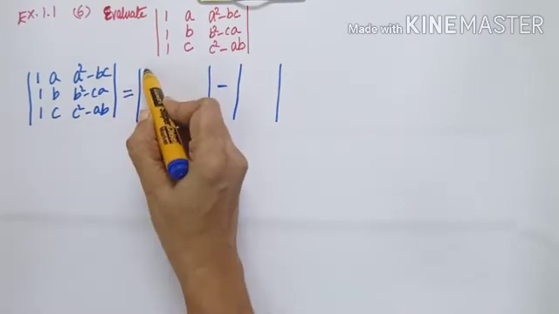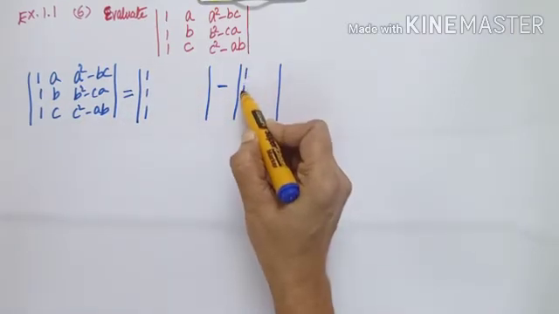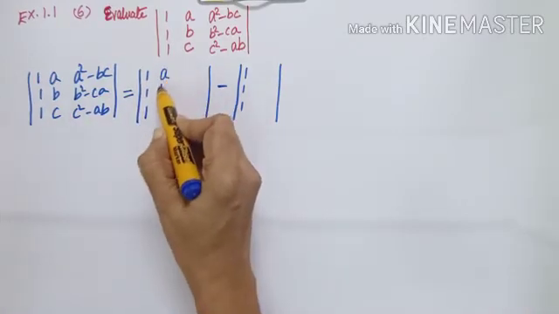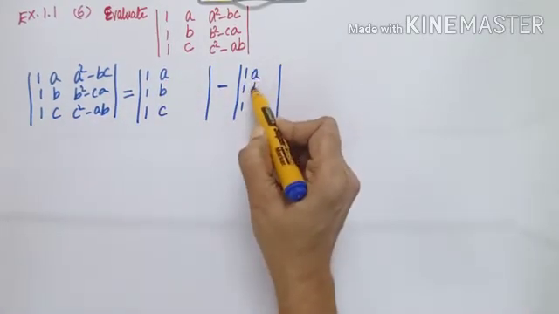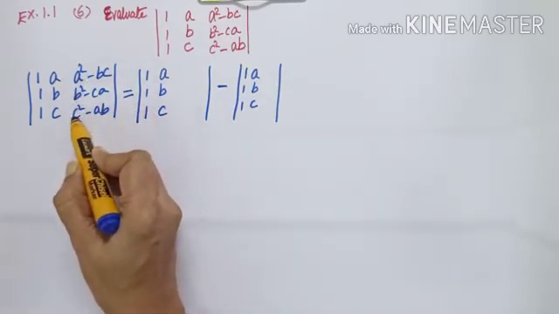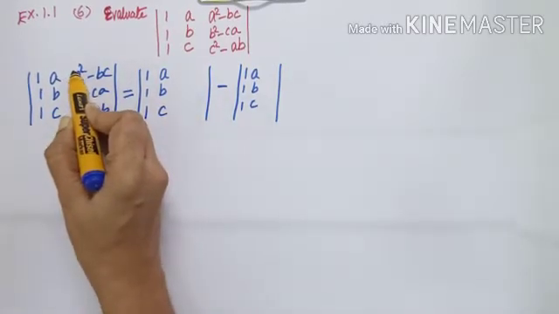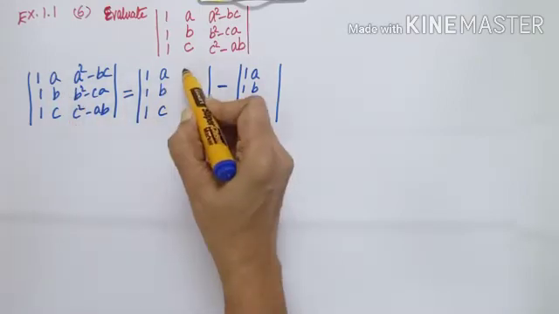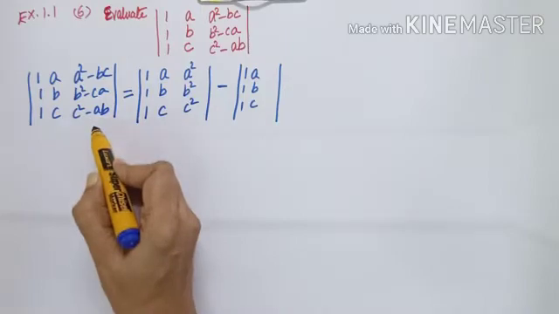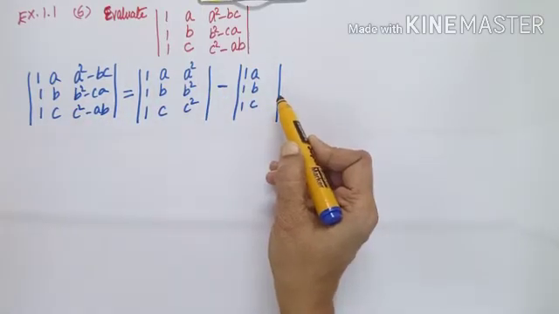First column, no change, write as it is. Second column, no change, write as it is. Third column, all the first elements in first determinant, so A square, B square, C square. Then all the second elements in the second determinant.